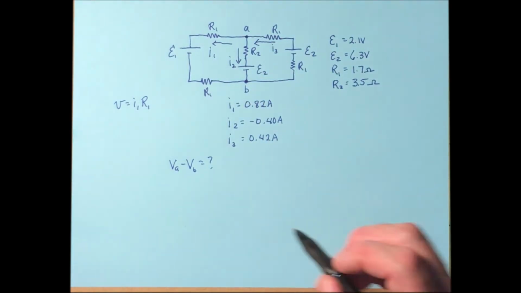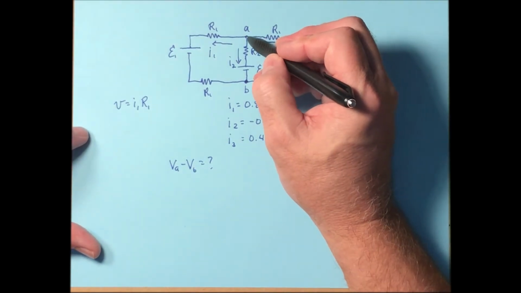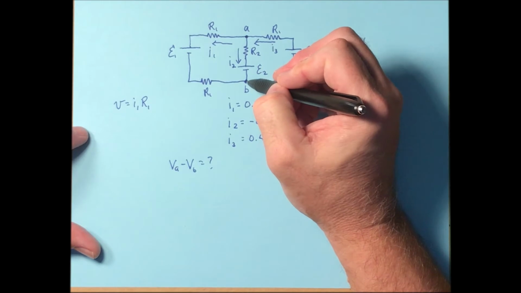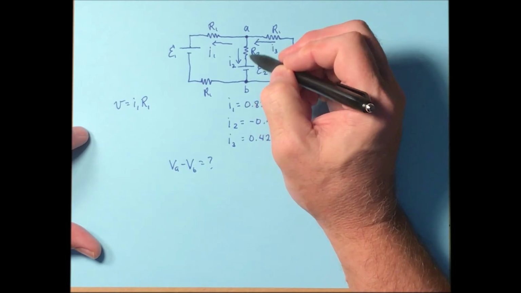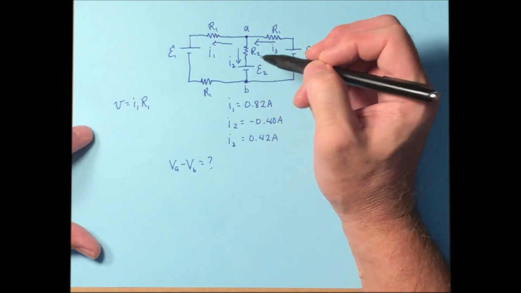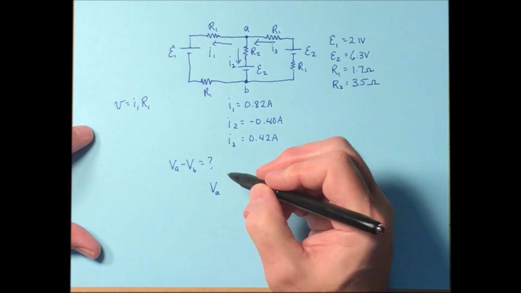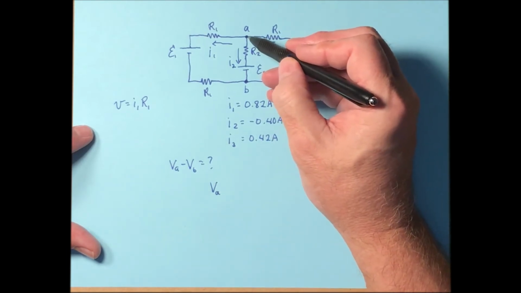Let's say we're after the potential between A and B. You start at this point and go to this point, following any path. So let's start at A and go to B, and let's go right down the middle here. So we'll write it this way, V sub A. That's the potential where we're starting right here.